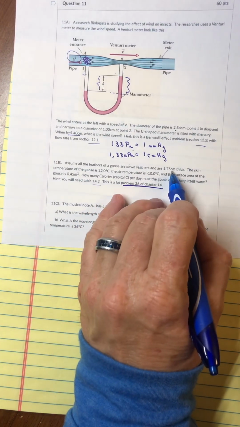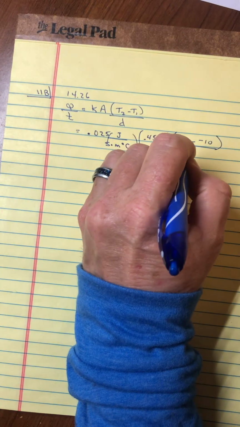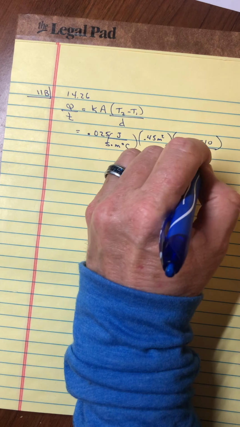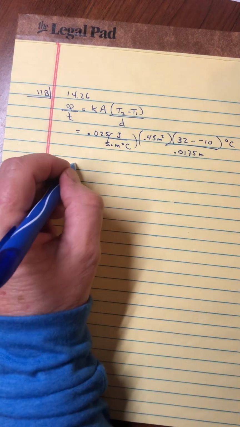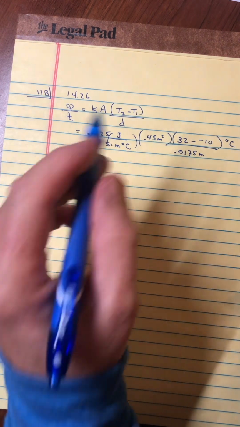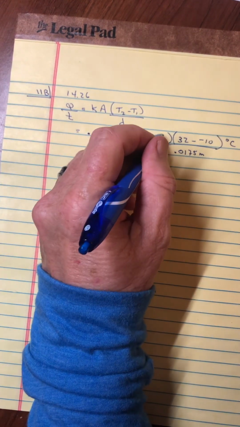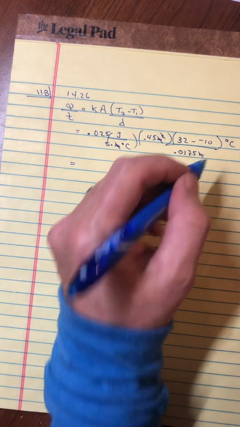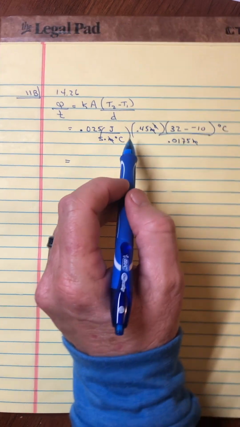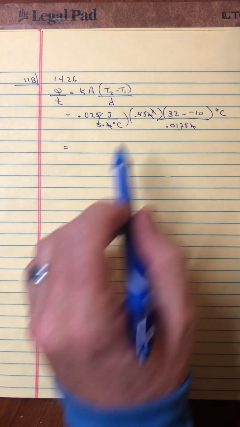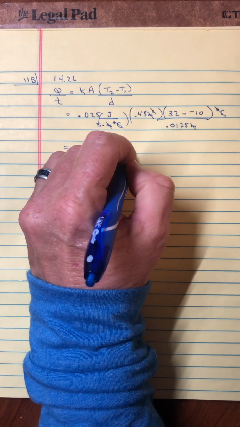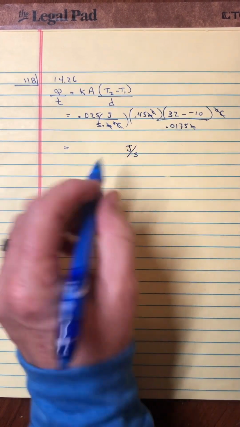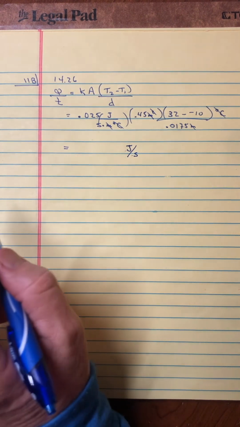So let's make sure we get that into meters. So 0.0175 meters. Oh, and I should have put degrees Celsius here. Because you can see now that the square meters in the numerator go with a meter on each side downstairs. And a degree Celsius does. And so we're going to be left with a flow rate in joules per second.